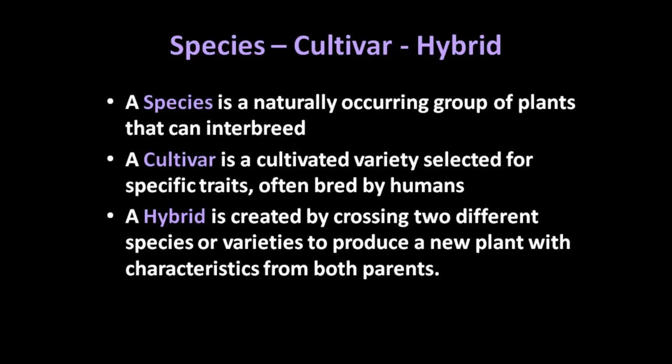When a variety or variation becomes of interest to humans and it is selected and selectively bred to form seed, it becomes known as a cultivar. A hybrid can be created in both nature and in horticulture by crossing two different species or varieties to produce a new plant with the characteristics from both parents.